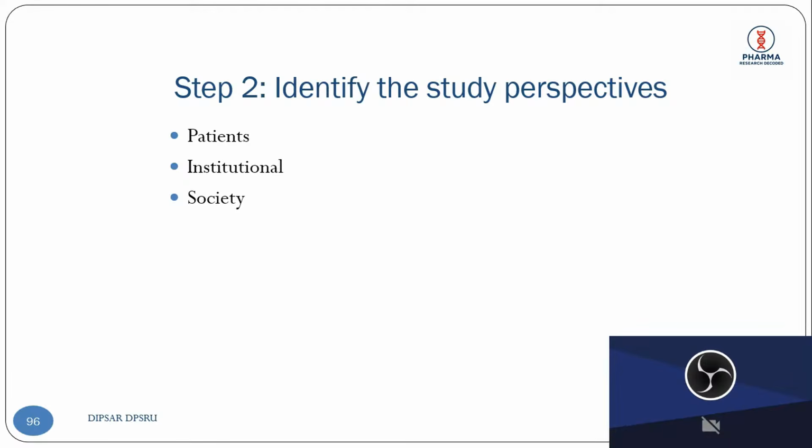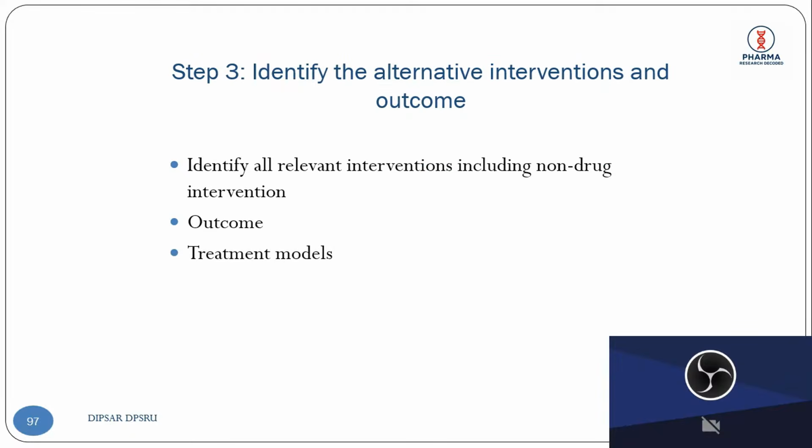That is step 2. Then step 3, identify the alternative interventions and outcome. Identify all the relevant interventions, including non-drug interventions, outcome, treatment model.